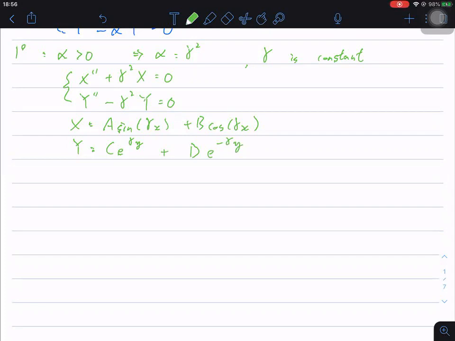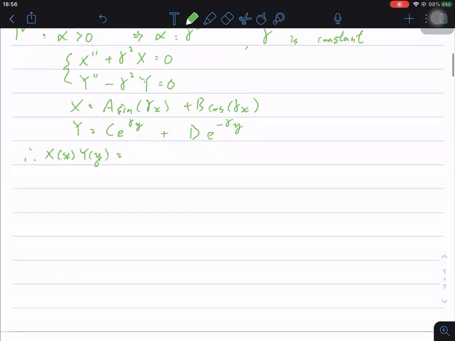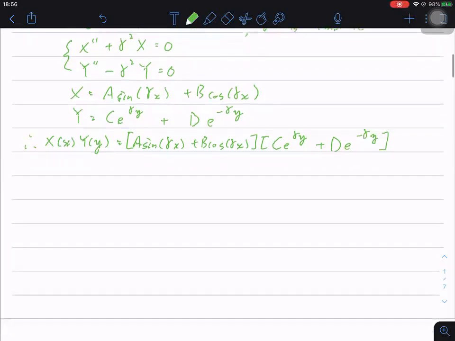So by combining two solutions together, we obtain the product of X and Y, which is simply the product of sine cosine function and exponential function. Okay, so that's the solution of the first case, alpha being a positive number.